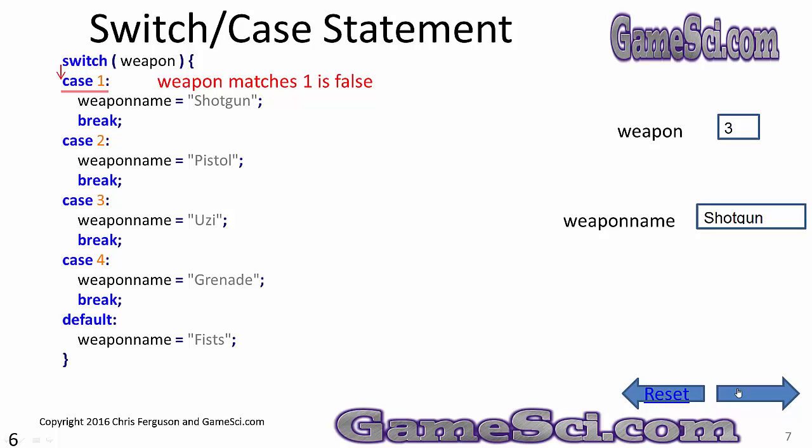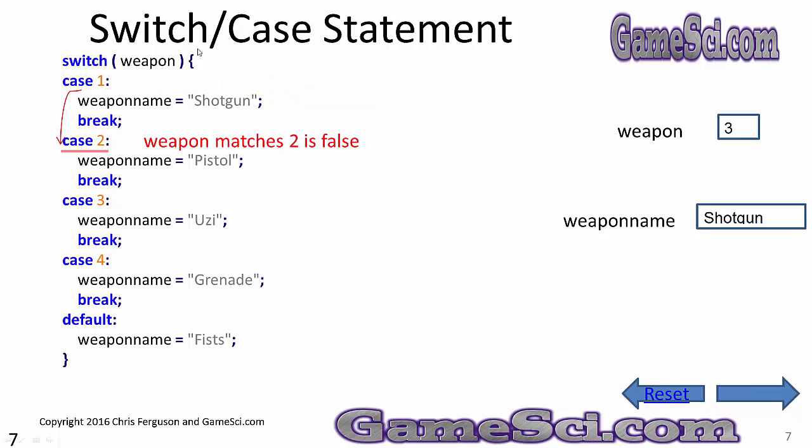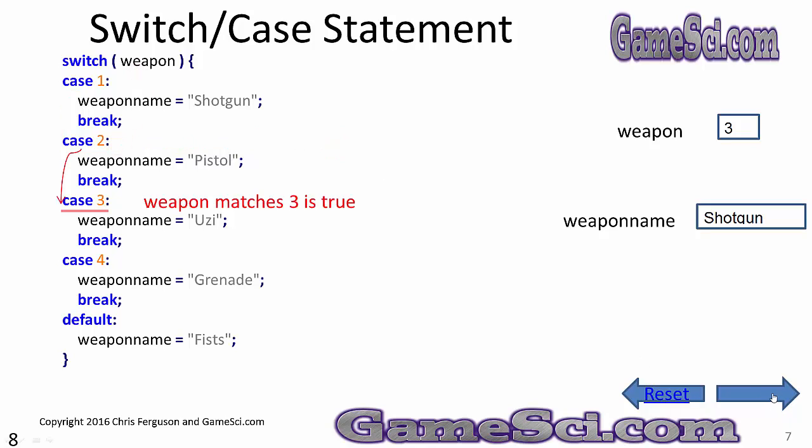When it's a false statement, as you would expect, it's going to skip to the next case. So because case 1 did not match weapon, we'll go check case 2. When we check case 2, weapon, which contains a 3, matching case 2 is a false statement. It is not a match. Weapon does not match case 2. So as you would expect, we're going to skip case 2 and go to the next case.